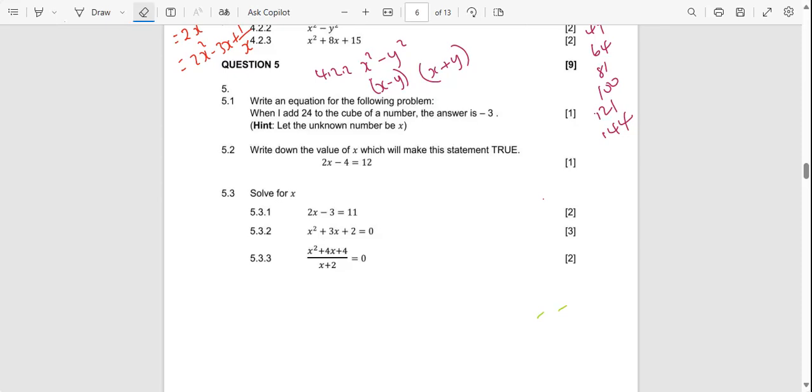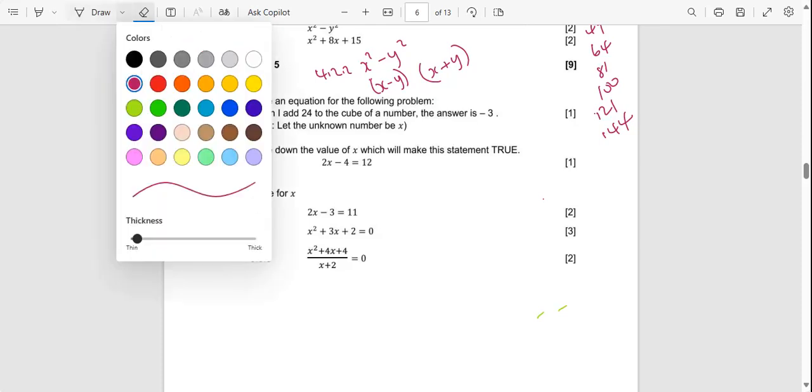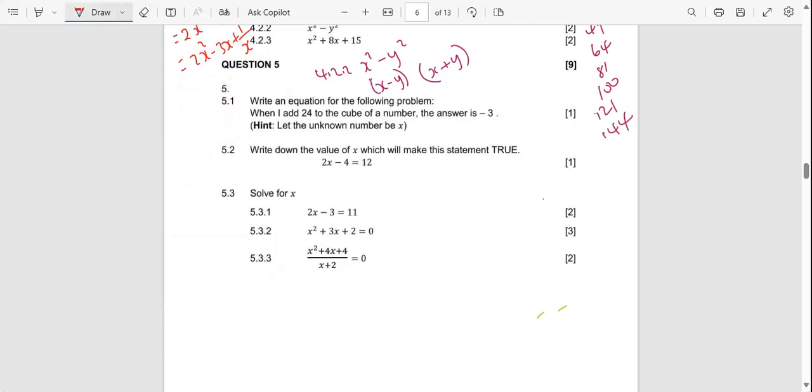If we let the unknown number be x, so the unknown number must be an x. 5.1: that unknown number is x, and then when I add 24, it must give me negative 3.